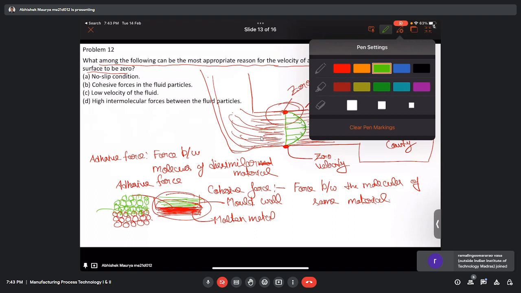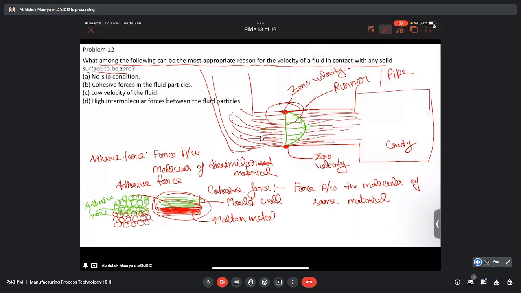Here we have adhesive force, and there is a force between the molecules of the metal itself, like between these molecules. So this is the cohesive force.